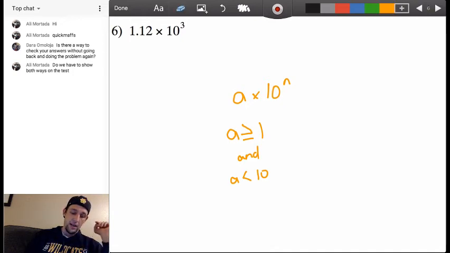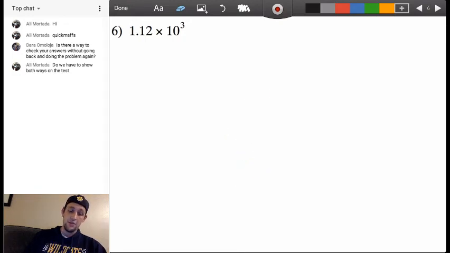I'm just going to show you how to convert back and forth. For this first one, I've given you a number in scientific notation, and we want to write it in standard form. Writing this one in standard form, basically this is saying multiply by 10, because it's a positive exponent, multiply by 10 3 times. Anytime you multiply by 10, you just change the place value by one place value.